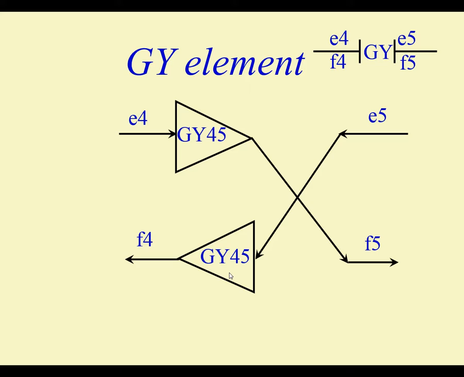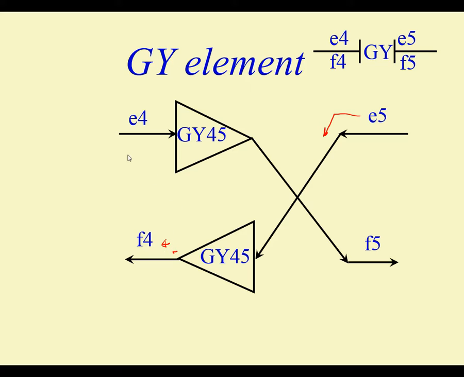We call it a cross transformer because it crosses the lines in both directions. The effort in this case comes in and gets transformed into a flow. You see?